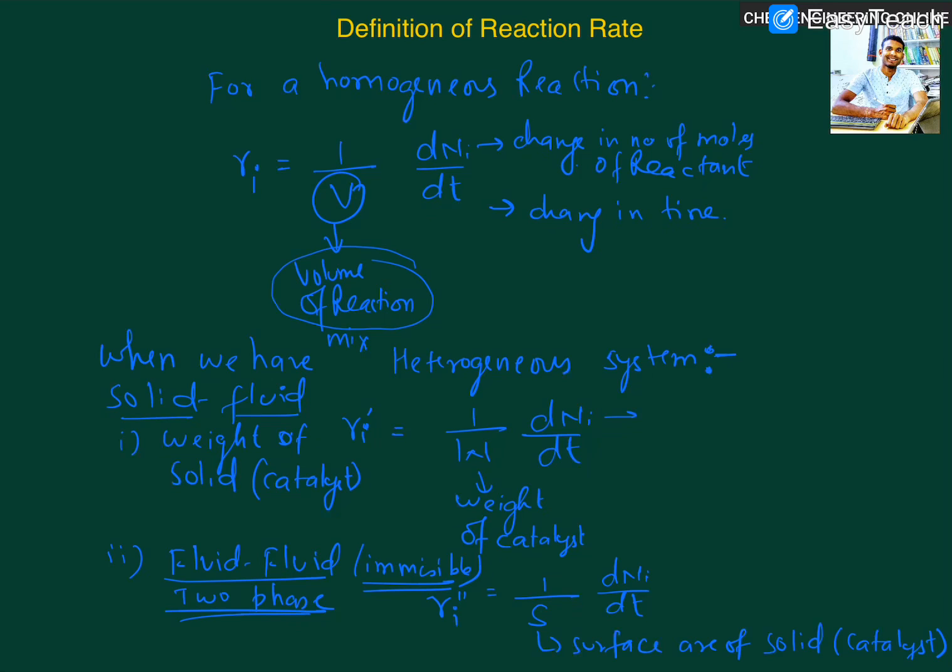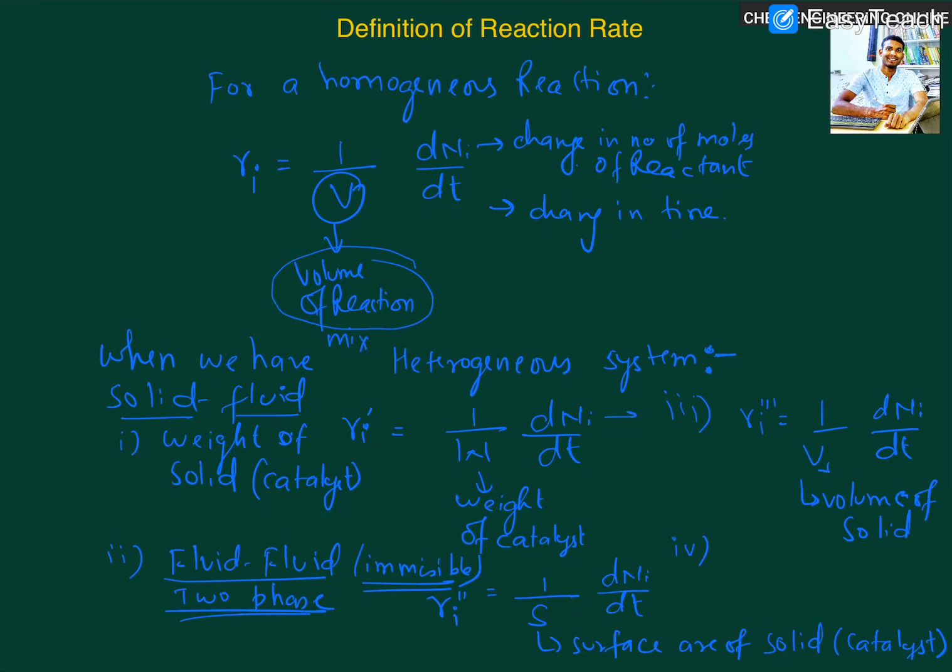Similarly, if you want to write it based on the volume of solid, that is catalyst, we can write it as Ri triple dash, 1 over volume of solid times dNi/dt. This is the volume of solid.